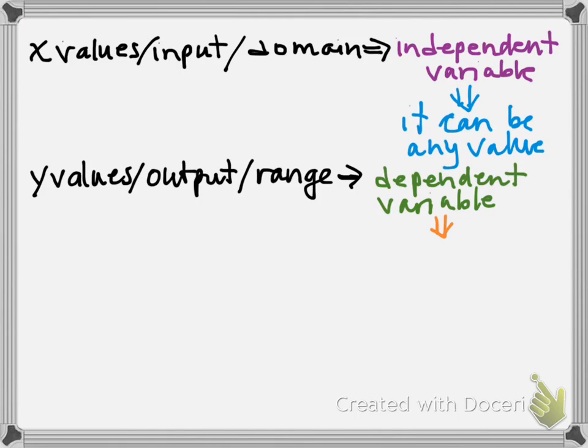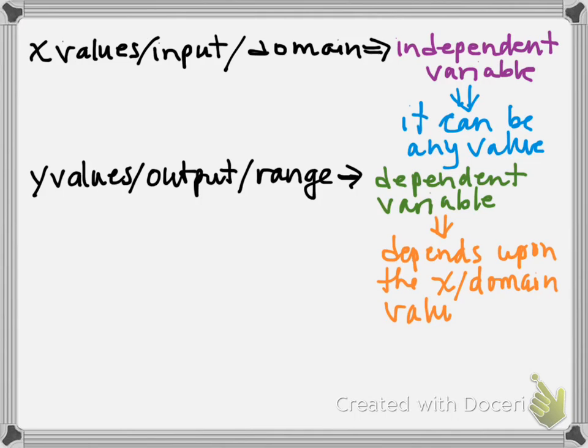And they're called the dependent variable because it depends upon the x/domain value. Okay, so the answer that I get for the y depends upon the number x I put in.